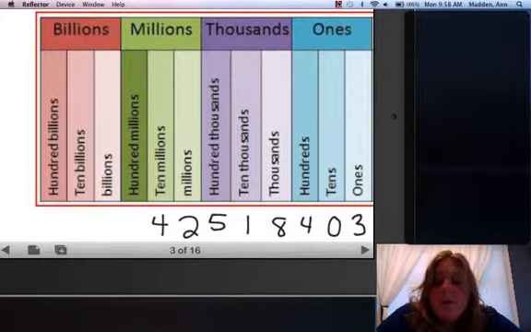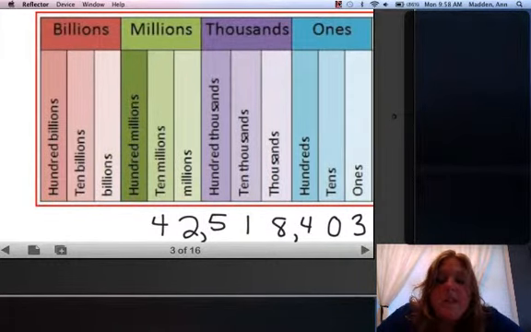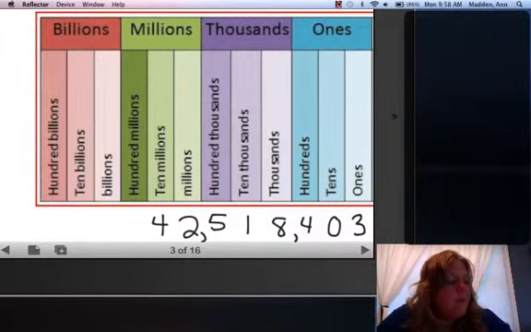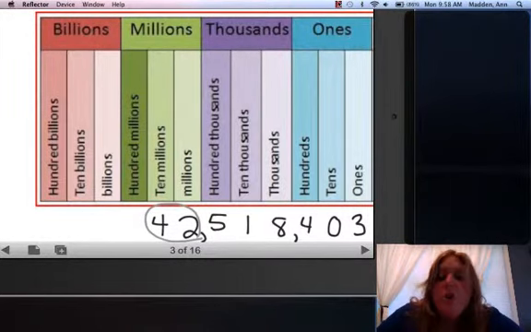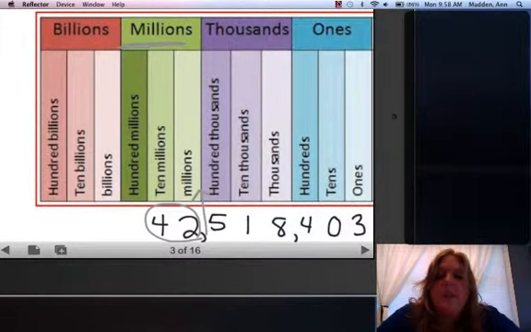What I need to remember is I need to add my commas. 1, 2, 3, comma. 1, 2, 3, comma. In order to read this number, I have to remember those commas. My first thing that I see here is 42. So what I say is 42, and then I just ended the millions period, so I say million. 42 million.